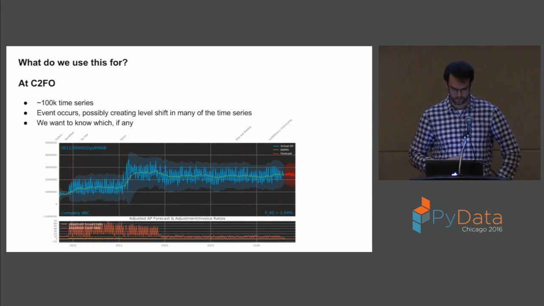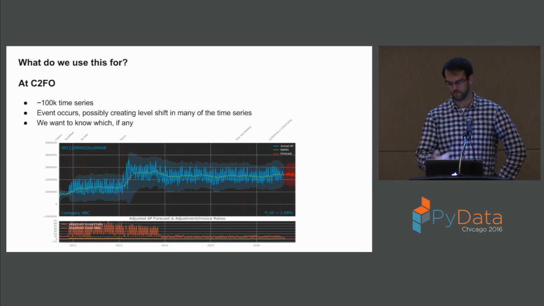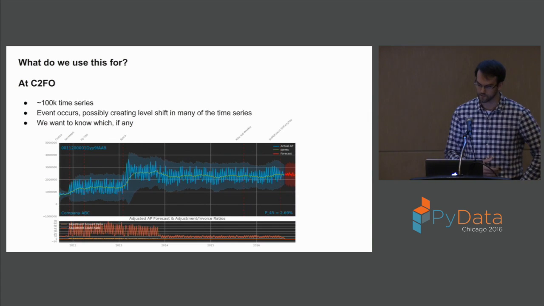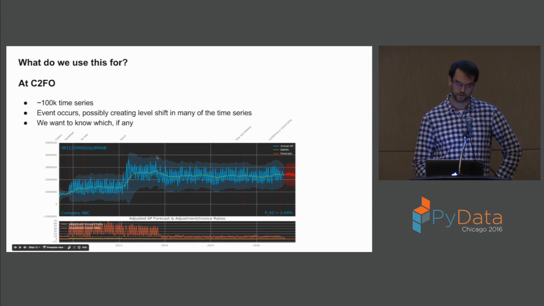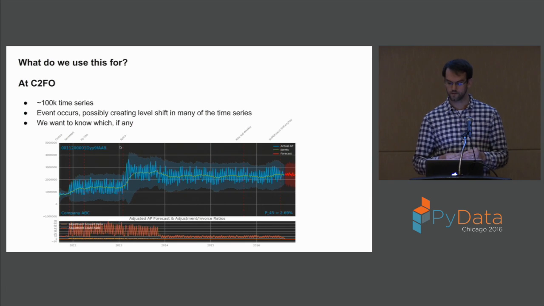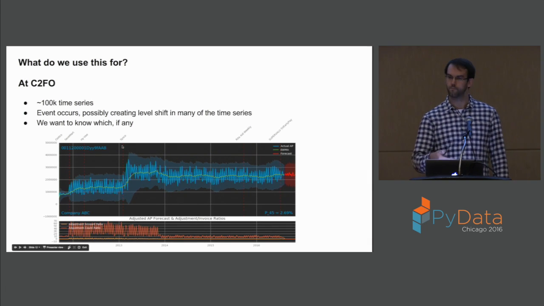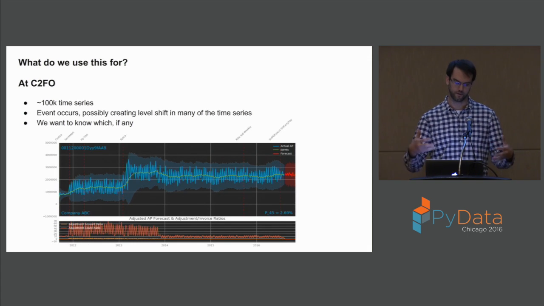So this is an image that Piero had in his talk. This is an example of what some of our time series might look like, and this is one that has a little bump, a level shift. The event I'm referring to is a new buyer coming into our system. This company was doing business with that buyer, and we didn't see that until the buyer came into our system, so we have more information about this company.